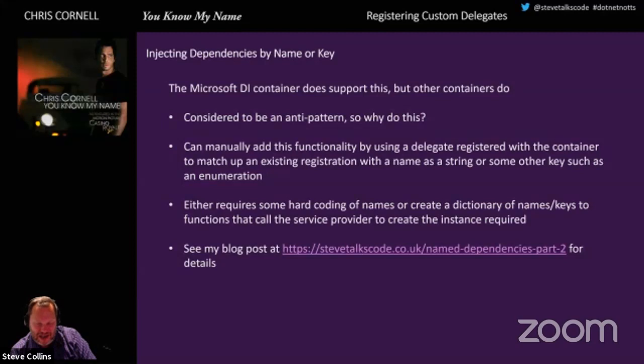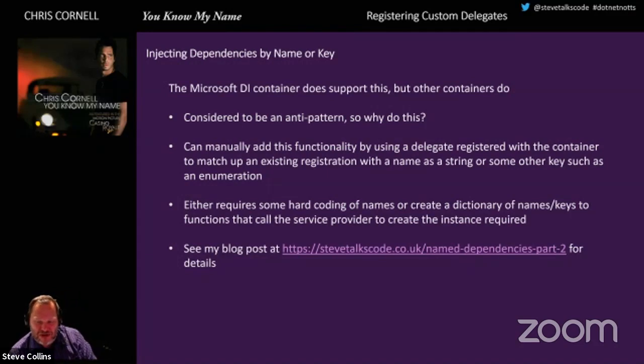But it felt clunky, and it's putting responsibility on the class that was reading the data to do all those lookups via the IServiceProvider, which is an anti-pattern in itself because it's a service locator. But what you can do is manually register a delegate that takes a name as its input and hands back an instance of a particular interface. So you're moving it back into the container where it kind of belongs.